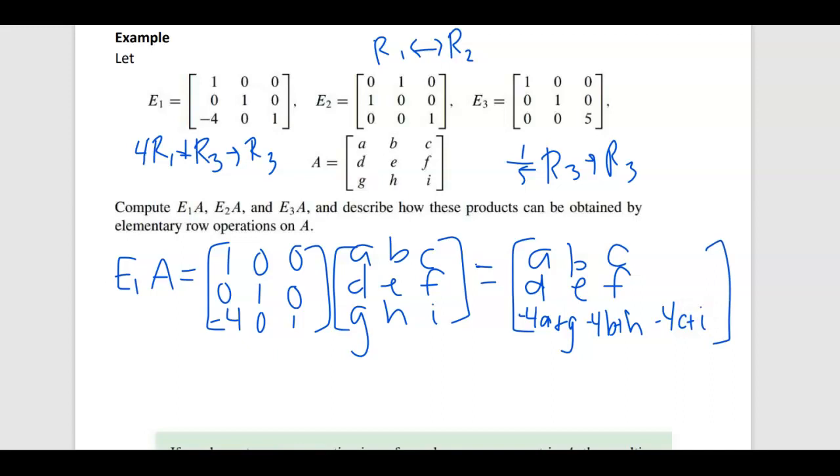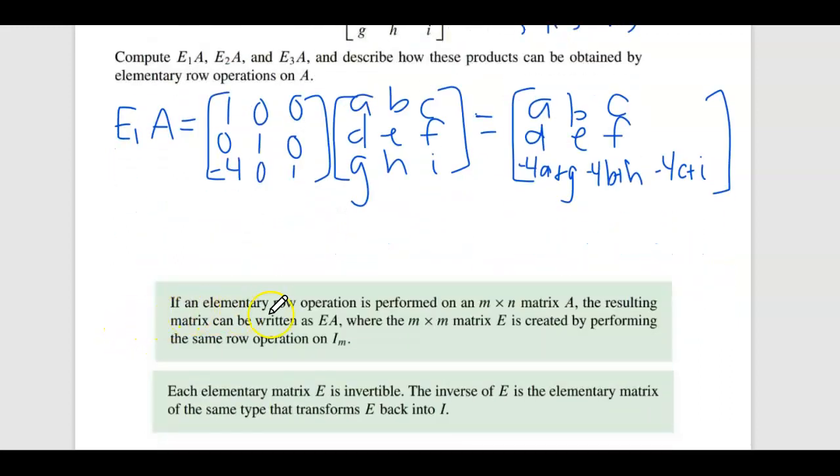And notice that is essentially what we did here, right? If you were to take 4 times the top row and combine it with your bottom row, you're doing that row operation replacement. So if you notice here, it says if an elementary row operation is performed on an m by n matrix A, the resulting matrix can be written as an elementary matrix times A, where the m by m matrix E is created by performing the same row operation on I_m.